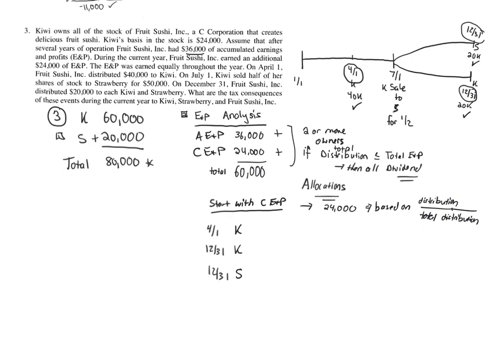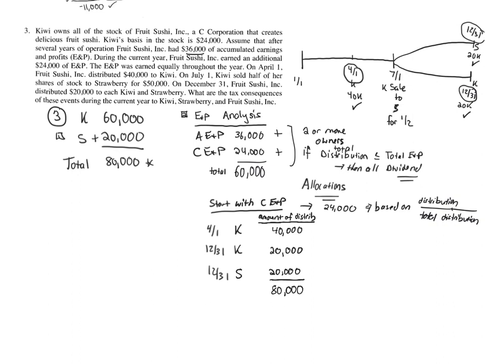The amount of the distribution is 40,000 here, 20,000 here, 20,000 here, again giving us a total of $80,000.